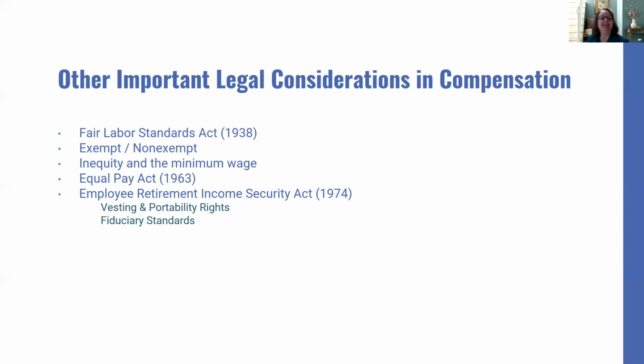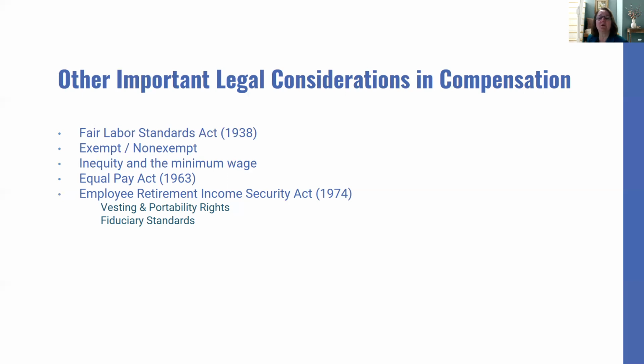In 1974, the Employee Retirement Income Security Act, or ERISA, is aimed at protecting employees' pensions. It provides for the creation of government-run employee finance corporations to protect employees against the failure of their employers' pension plans. It sets regulations regarding vesting rights.